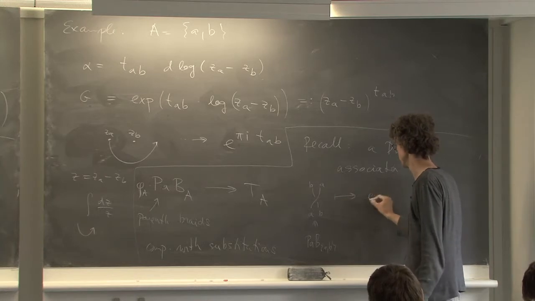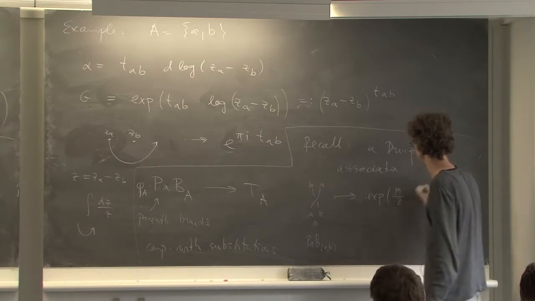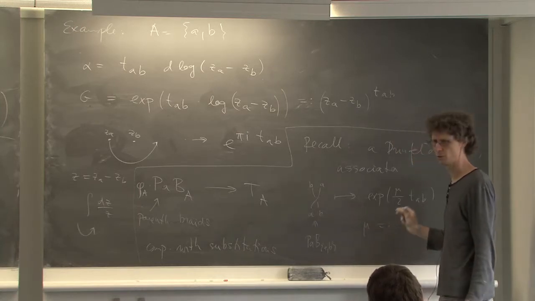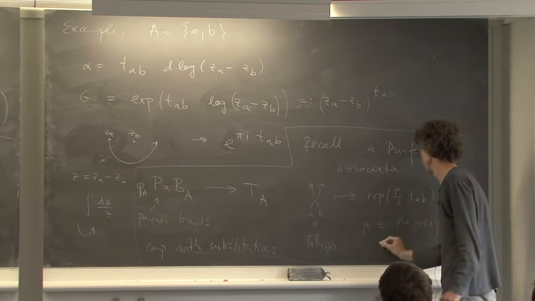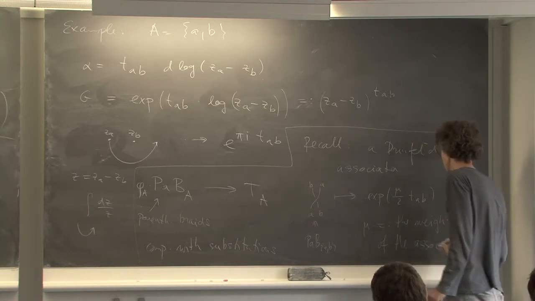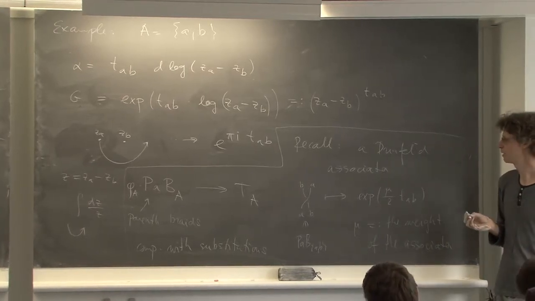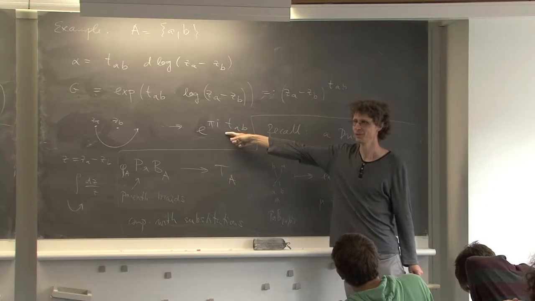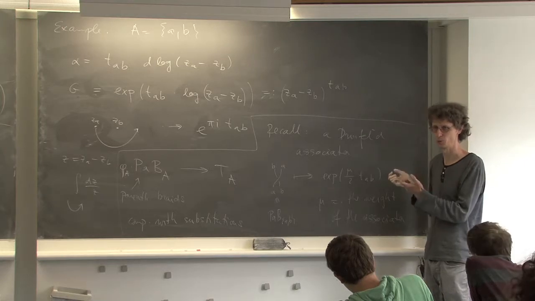This will be sent necessarily to exponential of some number, which we call mu divided by 2 times TAB. And this mu was by definition the weight of the associator. And we're just getting to an associator here, and its weight is going to be 2 pi I. Going around gives you pi I, which is 2 pi I divided by 2.